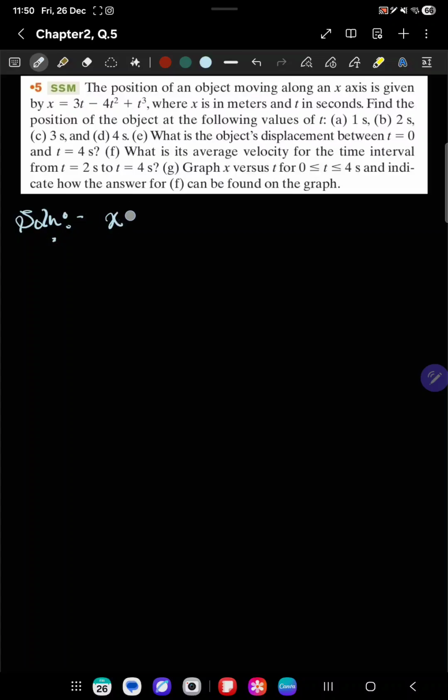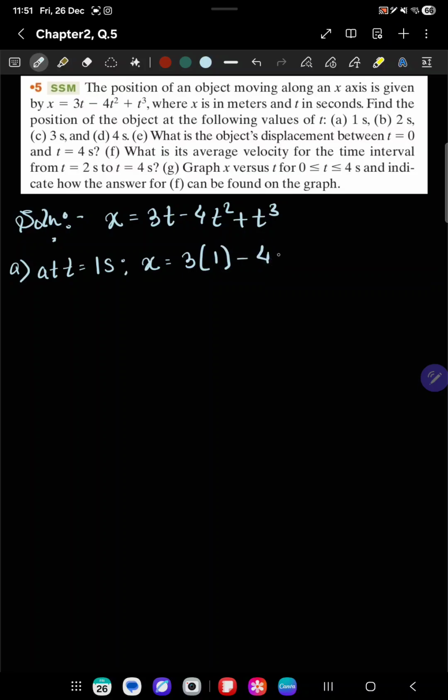Now the position function is given as x equal to 3t minus 4t square plus t cube, right? So for the a part, at t equal 1 second, if you want to find out the position, we just need to put t equal to 1 in the function. So after putting this, we will get a value of 0.